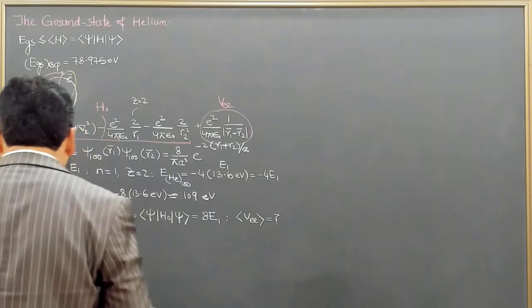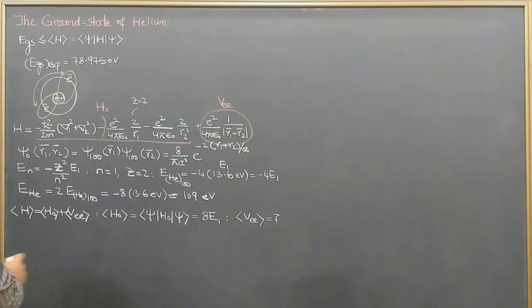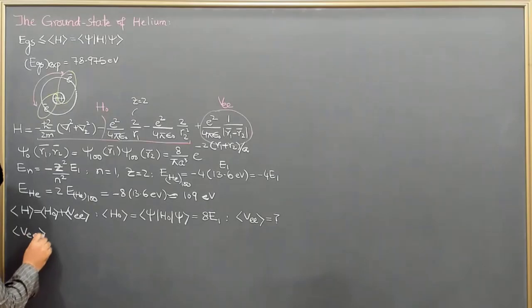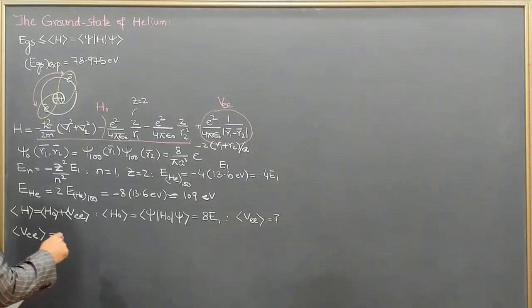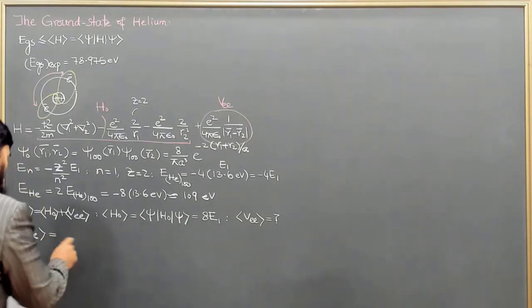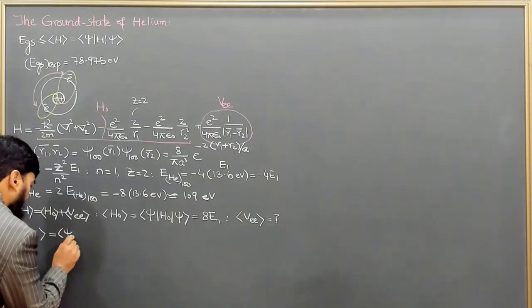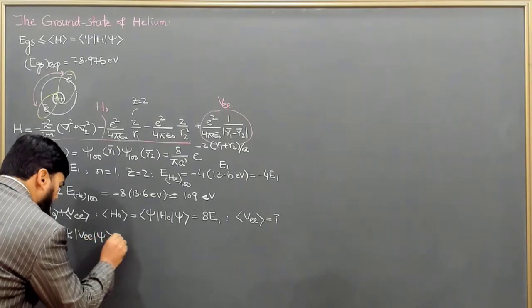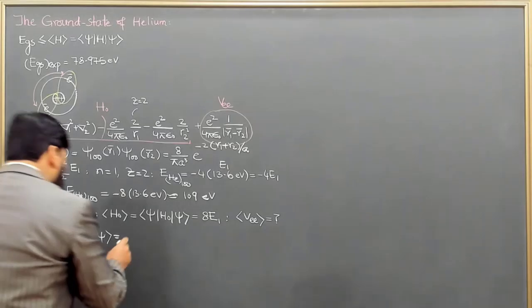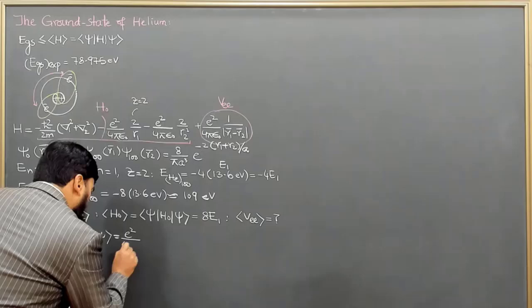So let's start with this one, where we are going to calculate VEE. Now, this electron repulsion term is equal to psi naught, VEE, psi, and this is equal to e square over 4 pi epsilon naught, the constant term.